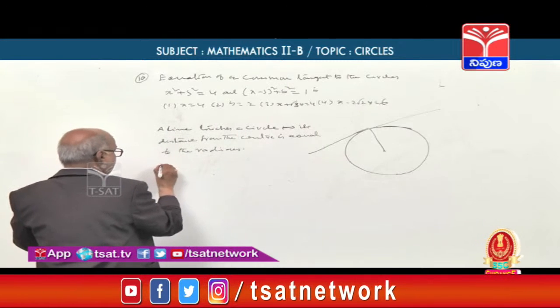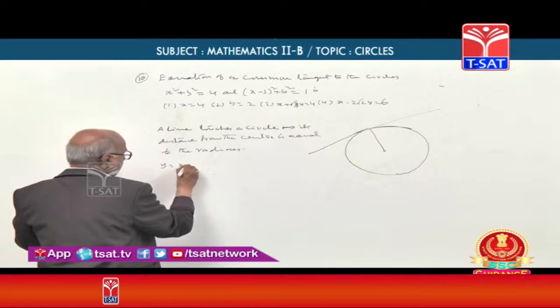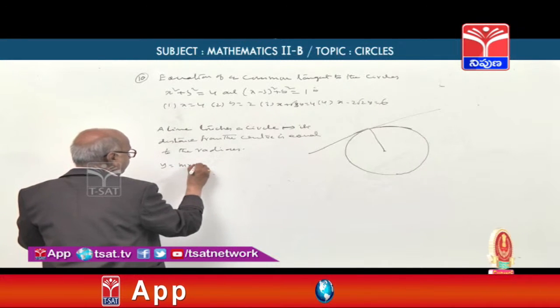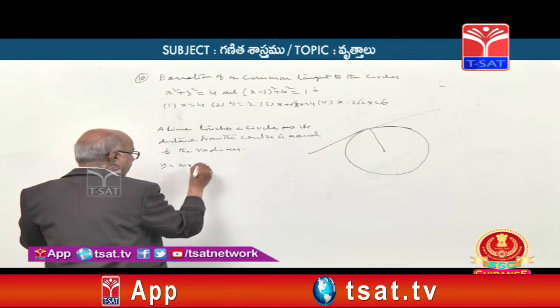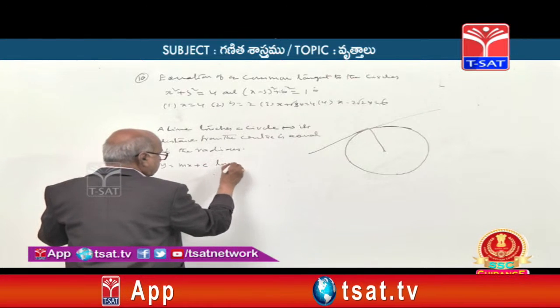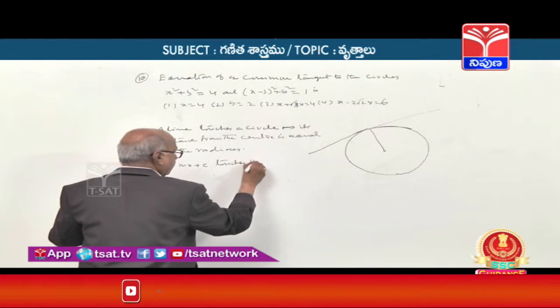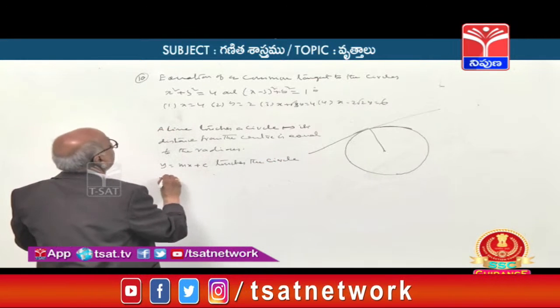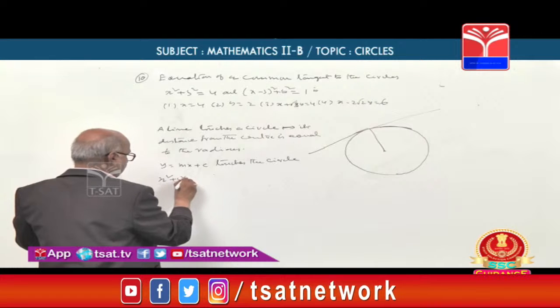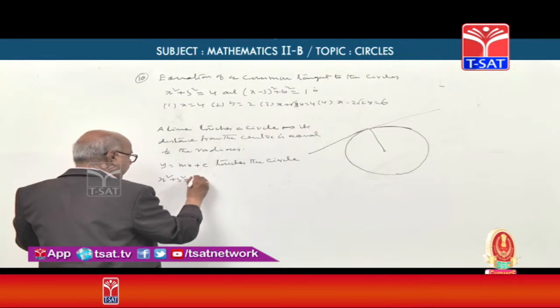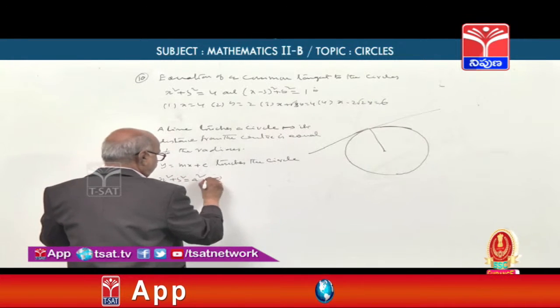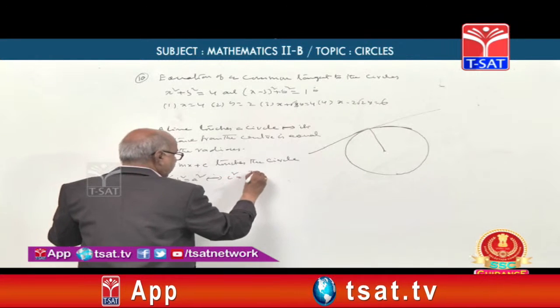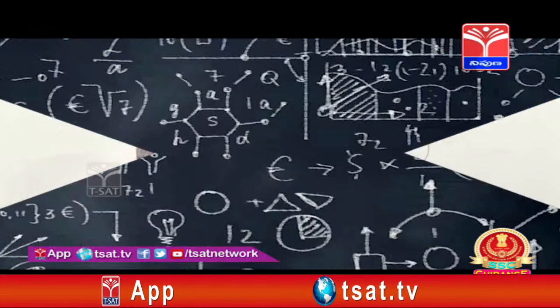Now, you know that y is equal to mx plus c touches the circle x square plus y square is equal to a square if and only if c square is equal to a square into 1 plus m square.